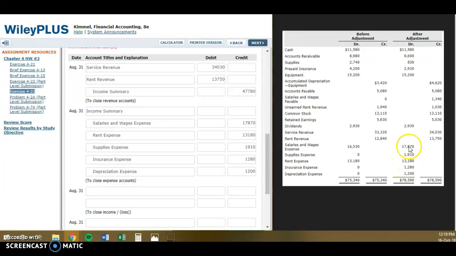So when you want these all to become 0, you need to credit them because they're already in the debit column here. So here I've credited all the values, and so now we can debit and cancel all of these out to make them 0, and this is all added up to $35,440.